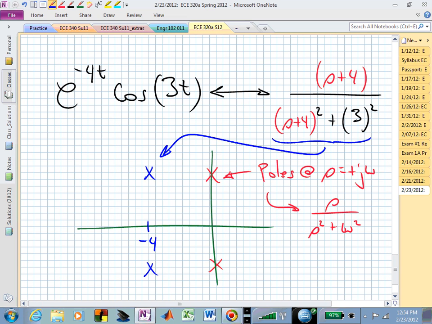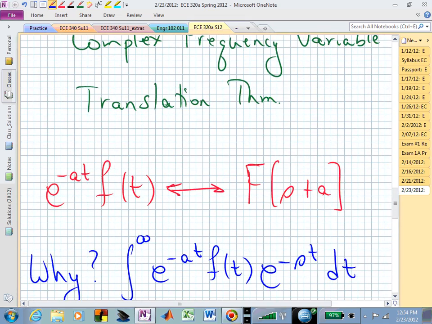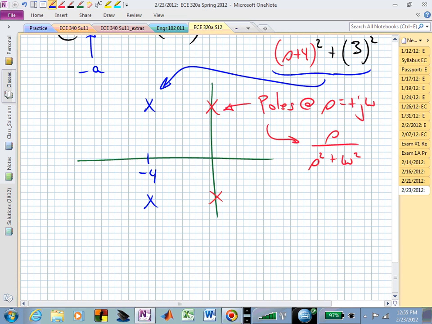So now this 4, this minus 4, is the minus a that we had up above. And we're always moving, if it's a negative value, into the left half plane.